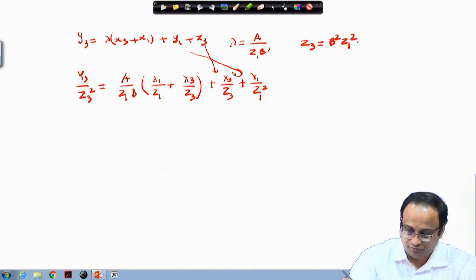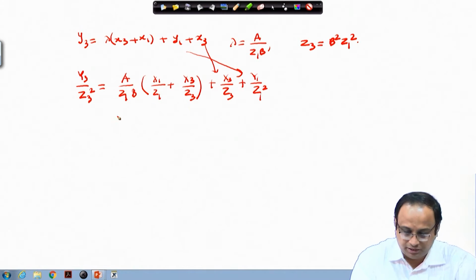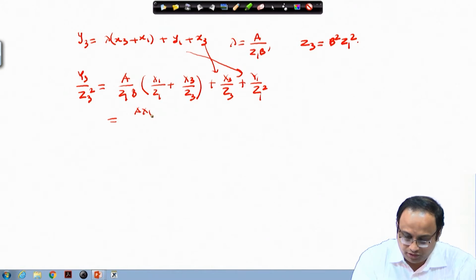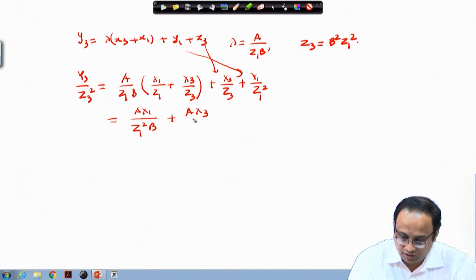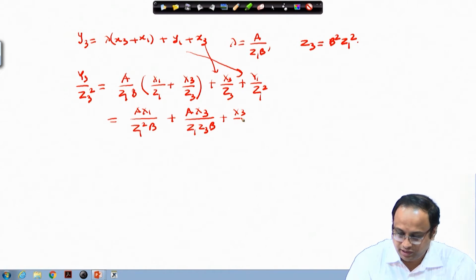So, that is from this term. Okay. So, now we essentially can break this up into parts. So, we can write this as a X1 divided by Z1 square b plus a X3 divided by Z1 Z3 b plus x3 by Z3 plus Y1 by Z1 square.